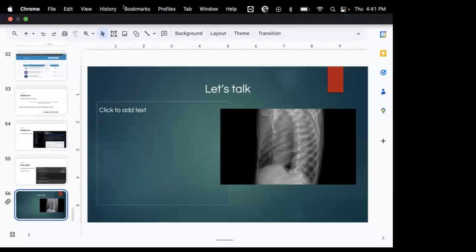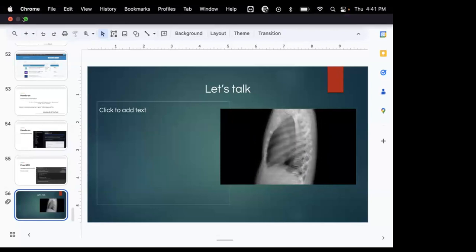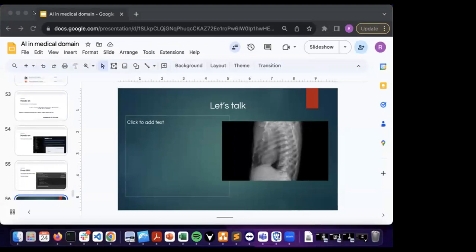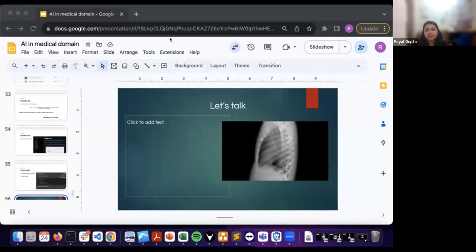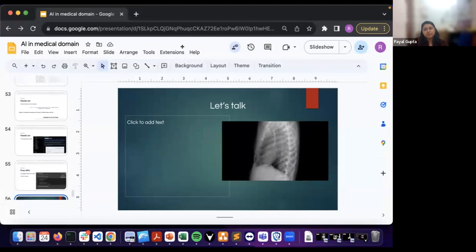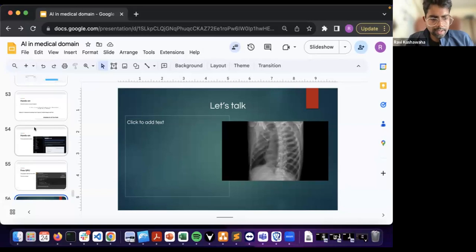Hello, sir. I have a very basic question. When we are working with images, what's the limit on the population of images we can train a model on? Your voice is not clear, it is echoing.